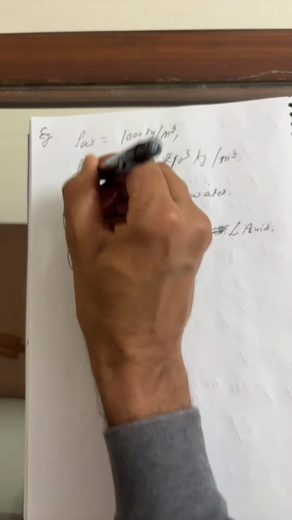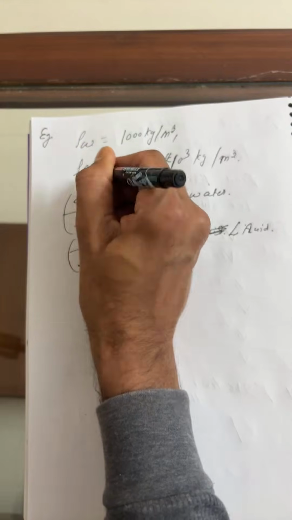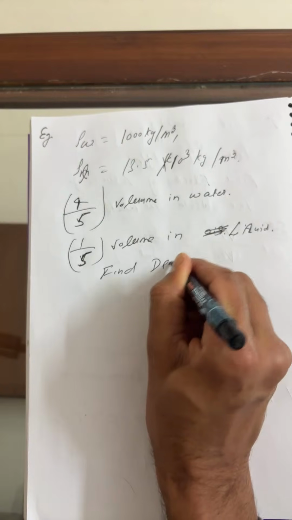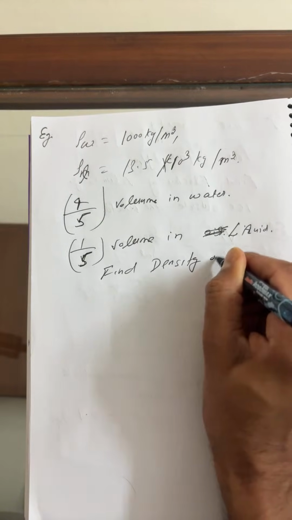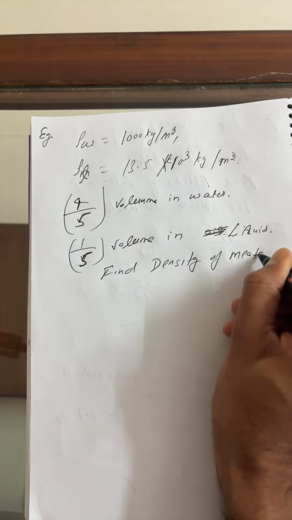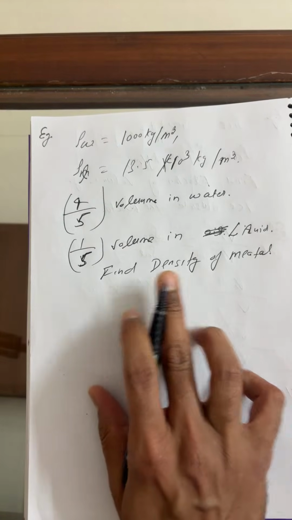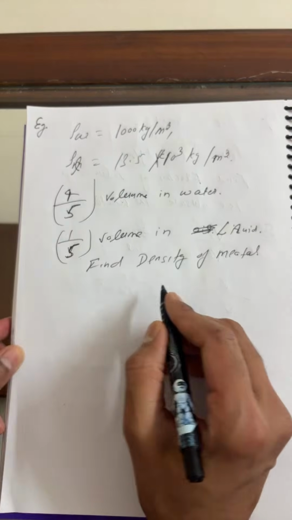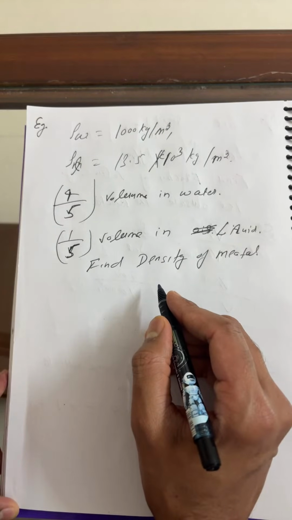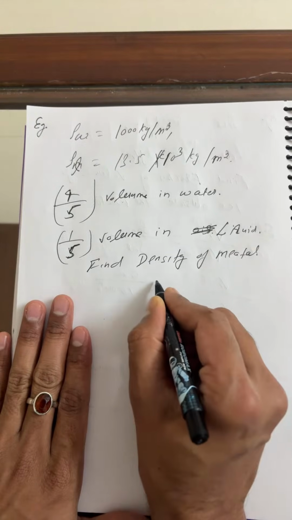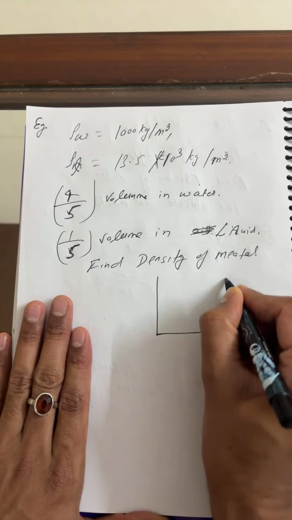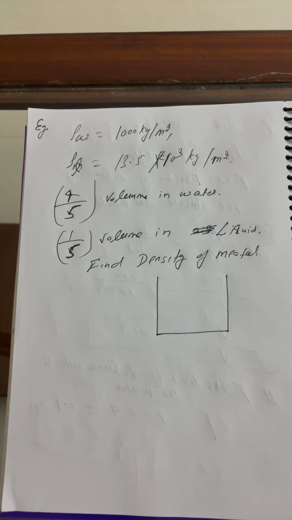This is the density of water and this is the density of liquid. Find the density of metal. Did you already do this question? Okay, I'll also explain this question. Didn't understand the question, sir? Okay, I'm telling you again. This is a container, a diagram so you can understand.